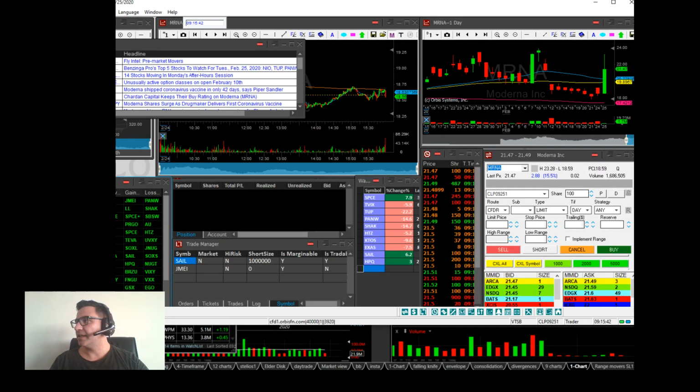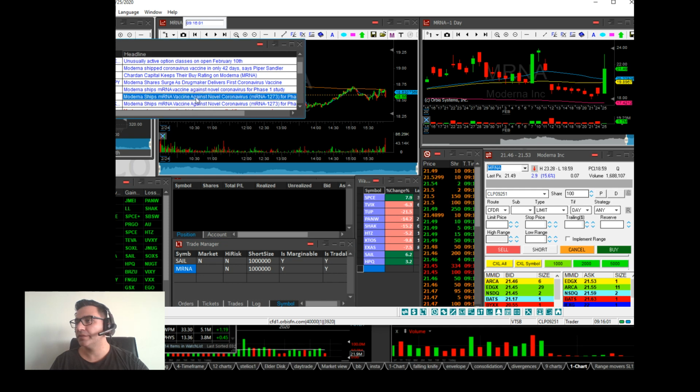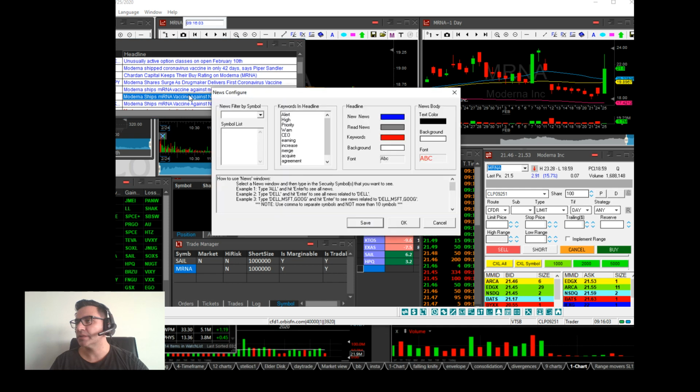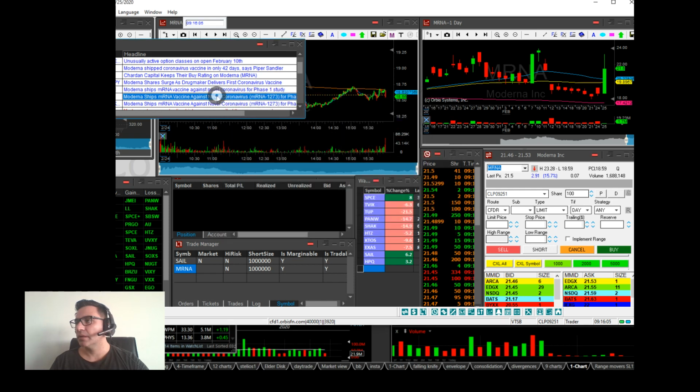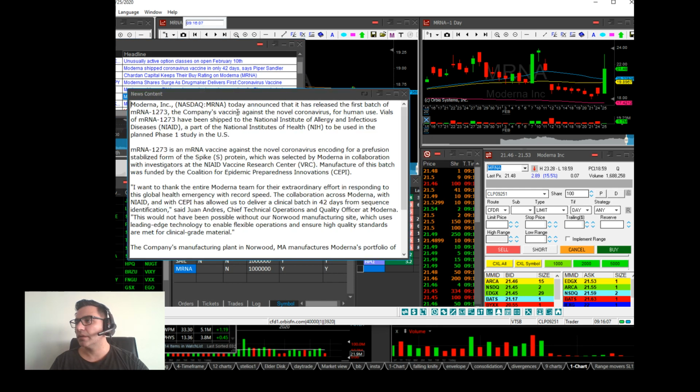Let's move to Nasdaq gainers, MRNA. Is it tradable? It is. Nice gap. Let me see the news. Oh, they created a cure for coronavirus. Today announced that it released the first batch of the company's vaccine against it.